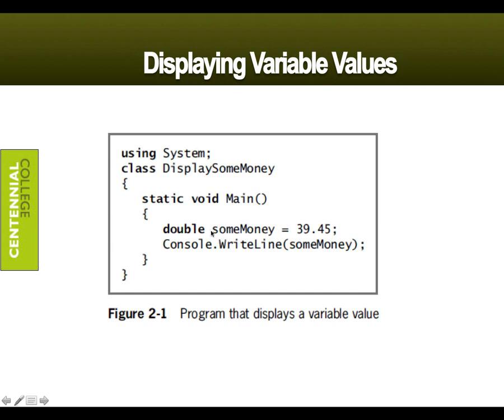We start a variable with a lowercase, and then when we come to the second word, if the variable is made up of two words, we capitalize it. It's called Camel Case, like we talked about last week. So Camel Case is lowercase for the first word, and uppercase for the second word. Camel Case, because there's the hump, right here.